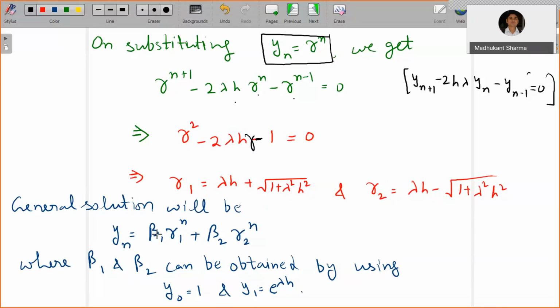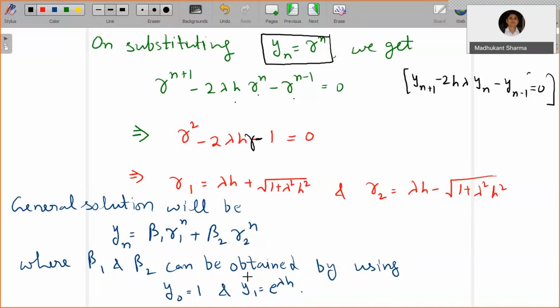These arbitrary constants can be obtained using the given conditions that y0 equals 1 and y1 equals e to the power lambda h. Using the first condition, y0 equals 1, means n equals 0. Putting n equals 0, r1 to the power 0 and r2 to the power 0 are 1, so this gives beta1 plus beta2 equals 1.